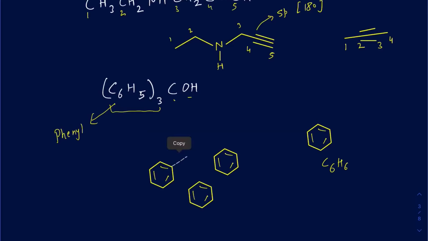So I have a bond there. And then there is going to be an OH there. So remember that OH is right there. This carbon, if I call this number 1, is right there, and those 3 phenyl groups are attached to that particular first carbon there.